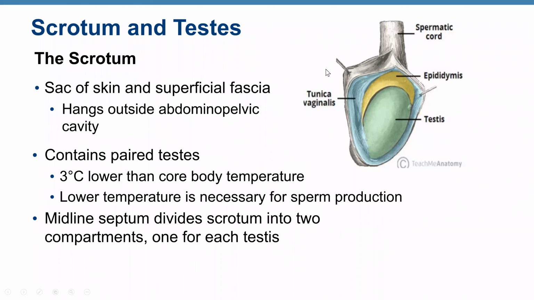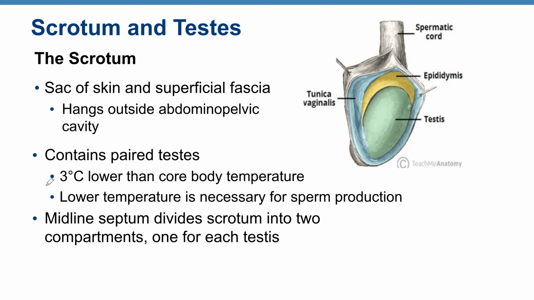The scrotum is a sac of skin and superficial fascia. It hangs outside the abdominopelvic cavity and contains the paired testes. It is 3 degrees Celsius lower in temperature than core body temperature, and this low temperature is necessary for sperm production.